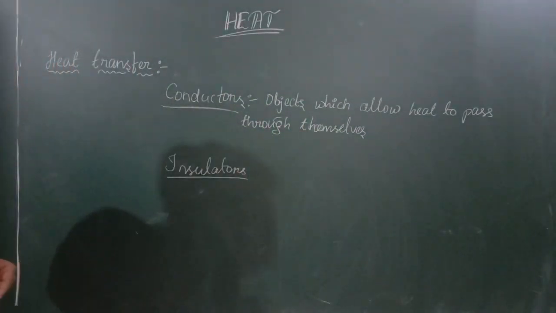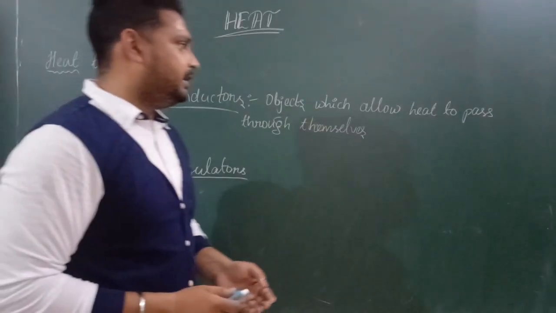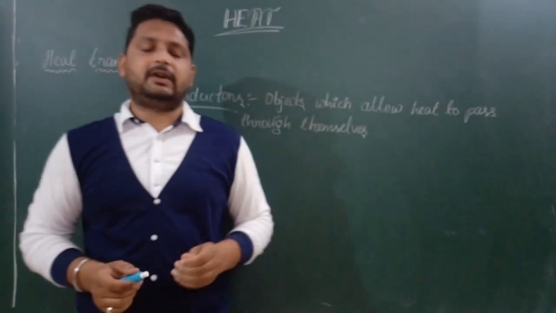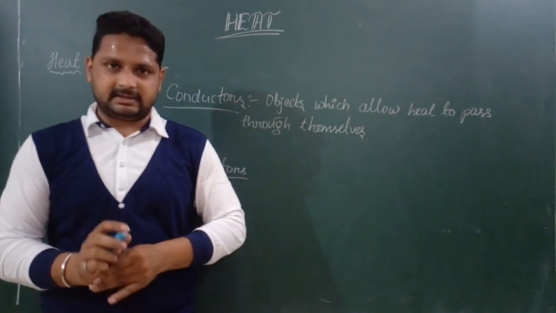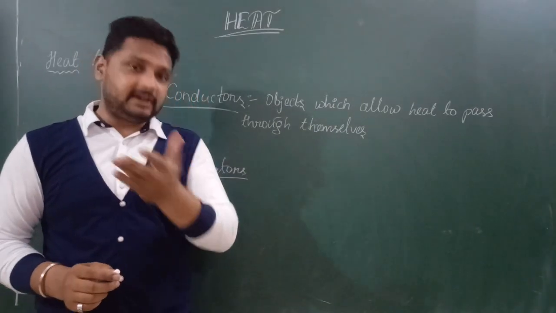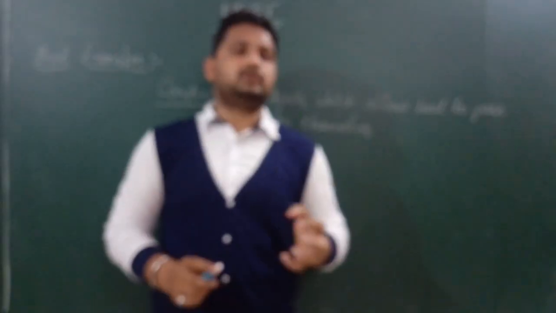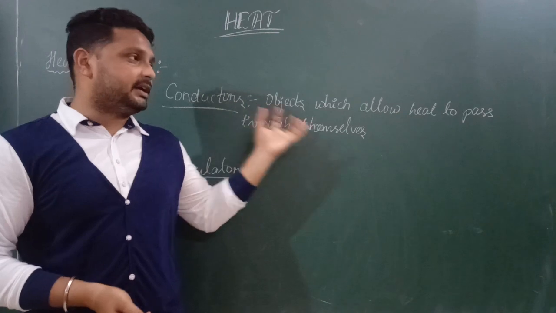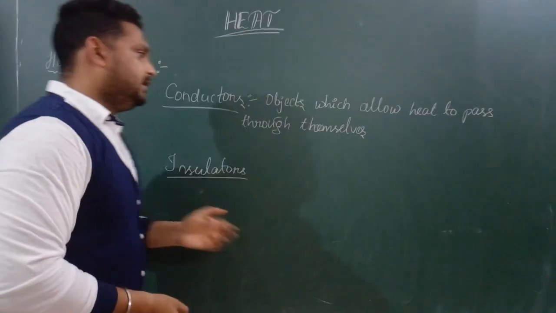So, conductors are those objects which allow heat to pass through themselves. For example, mostly all the metals. Okay, metals, they allow heat to pass through themselves. So that's why cooking utensils are made up of metals. So metals are conductors of heat.